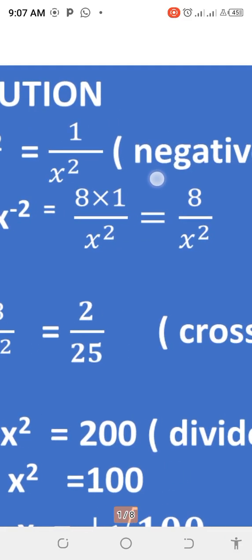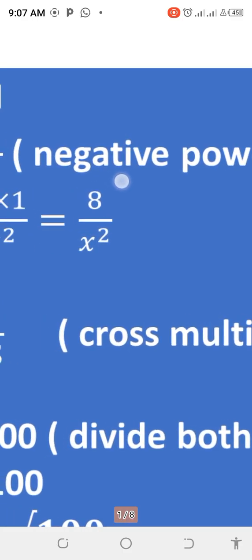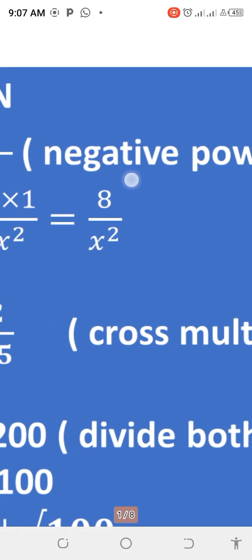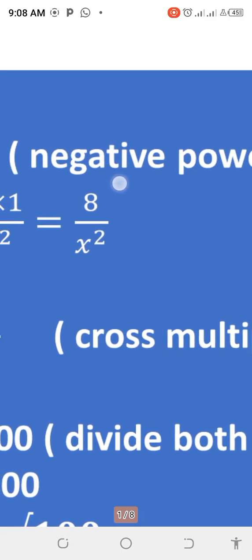This is so because it is a negative power. When any base or any number is raised to a negative power, the result is the reciprocal of that number.